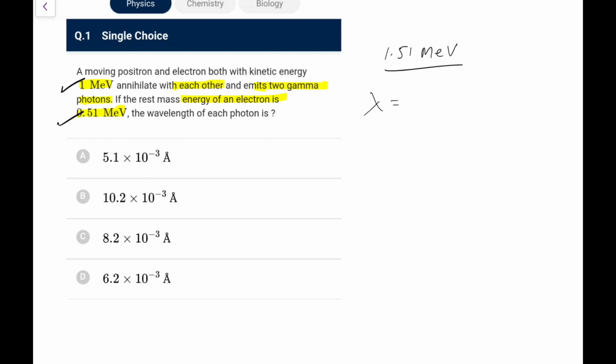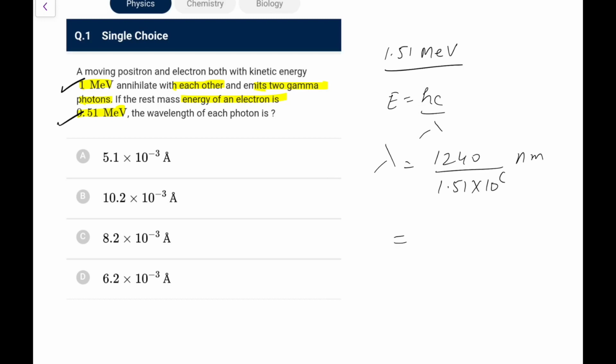So the wavelength you can directly find. We know how to calculate wavelength. We know this logic that E is equal to hc by lambda. So lambda would be hc by E, 1240 upon 1.51 into 10 to the power 6. If we do this, it will be in nanometer.